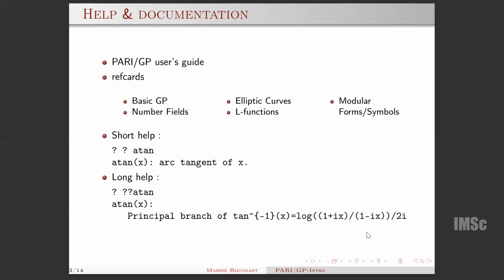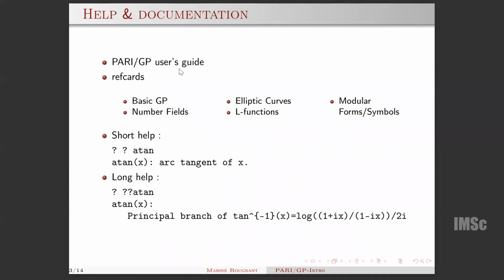So first, what you really need to know is how to find information on functions, because you have a very huge amount of functions in that software, and it's really difficult to have every function in mind. Every link here, you can click on.